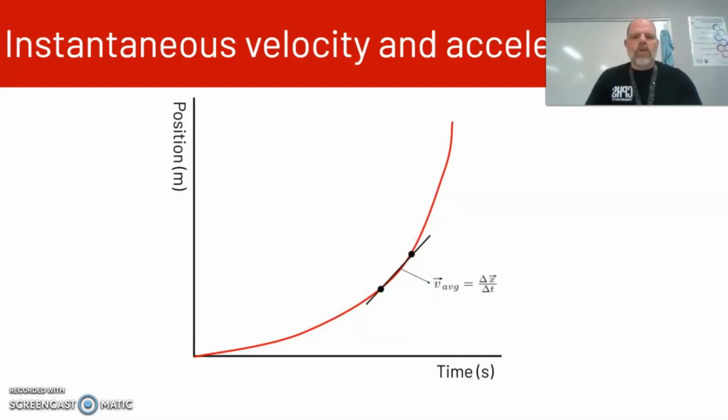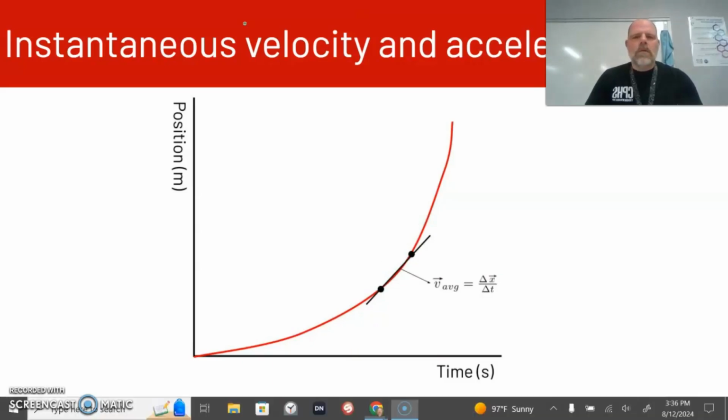Here we're getting closer. Our time calculations are closer to each other. So the amount of time that we're measuring between to measure our average velocity is getting closer and closer. So we're getting closer to an instantaneous velocity rather than an average velocity.